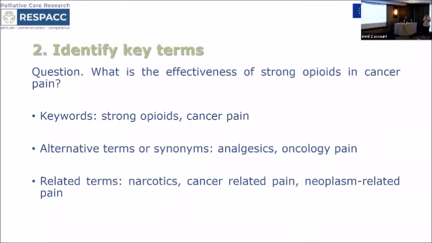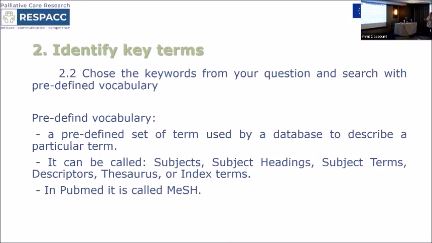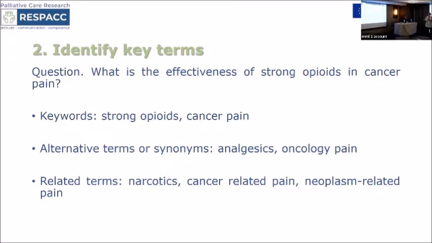One is strong opioids, one is cancer pain, and the other one is effectiveness, yeah? But if we haven't realized these are actually the words that we need, and we are so interested in which strong opioid in cancer pain, we forget it is about effectiveness.